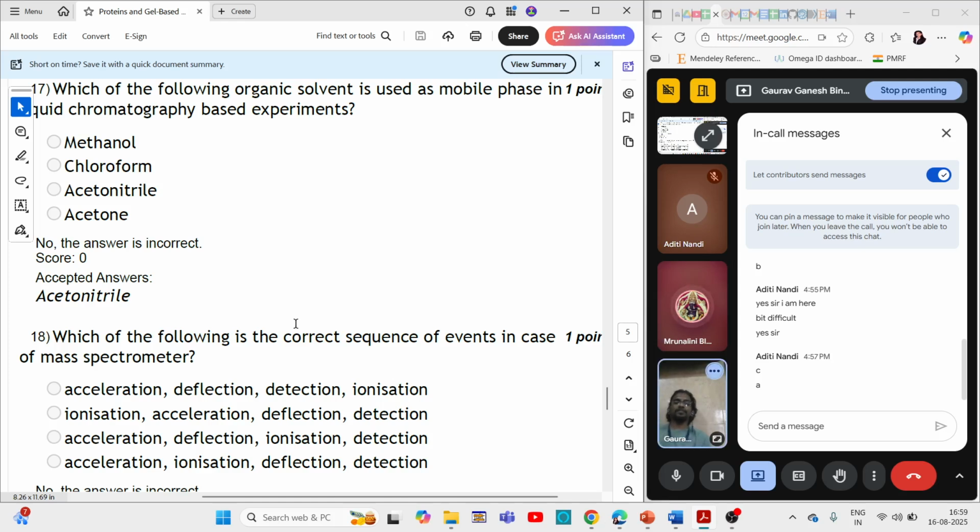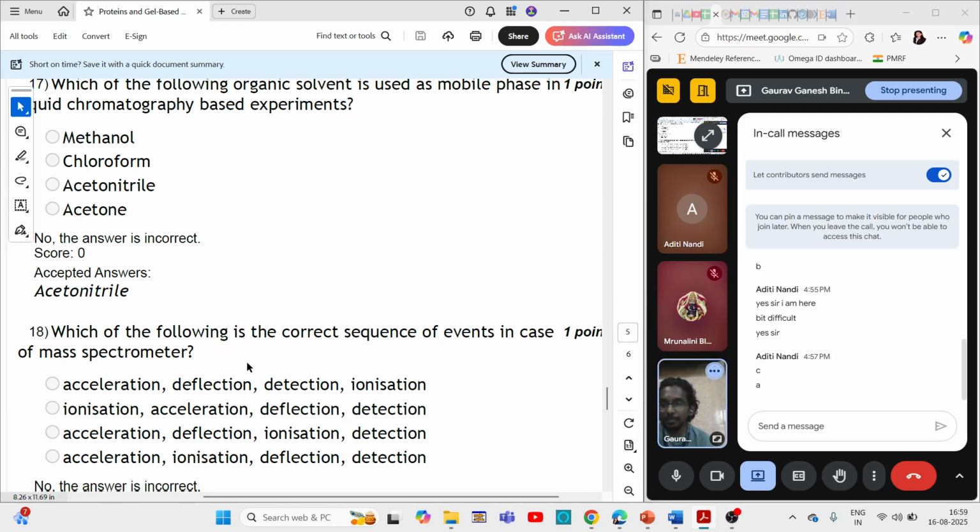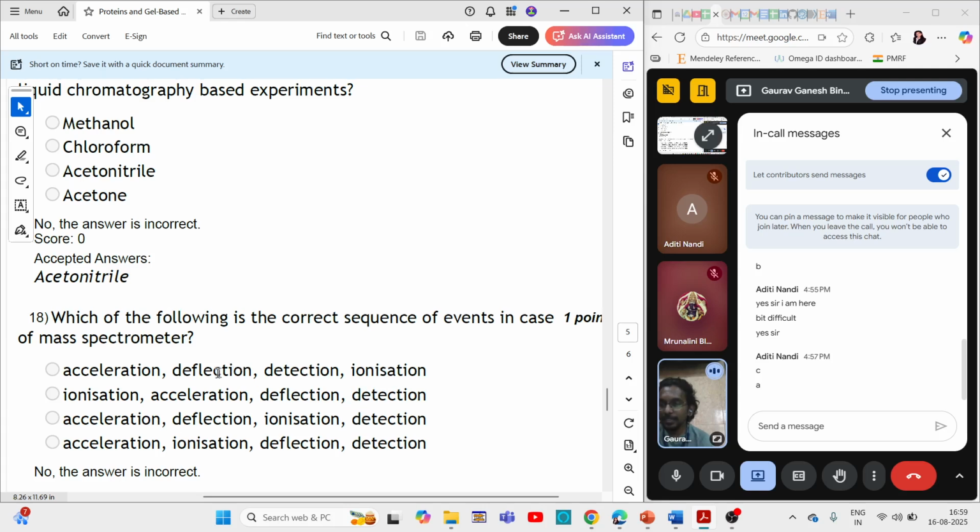So which of the following is the correct sequence of events in case of mass spec? I think even this is a bit easier to answer. So obviously the last step will be detection. It can be either of these three.